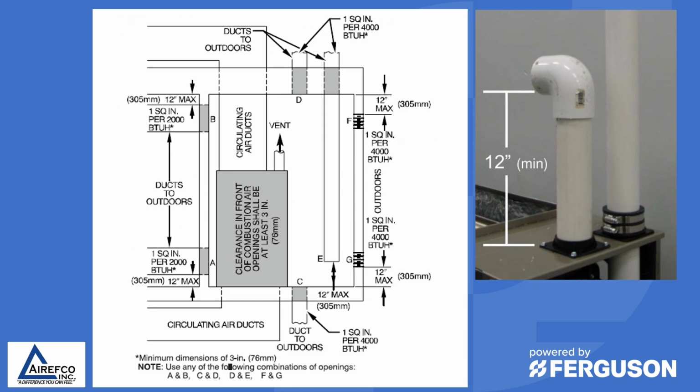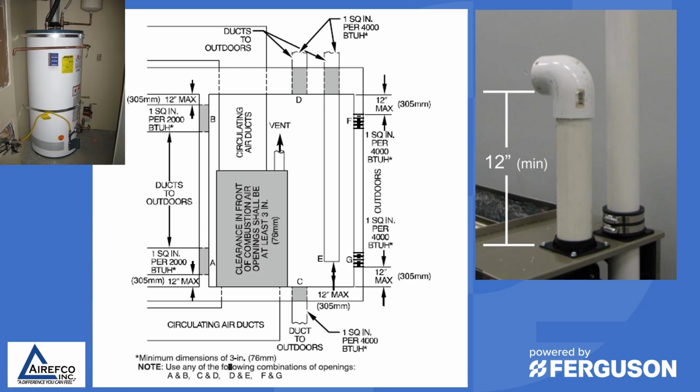A second consideration for pulling combustion air from the space is that you have sufficient air for combustion. In the installation guide, you will see diagrams like this that will tell you what minimum air is required to support the combustion of a certain gas furnace. You need to make sure that you have sufficient combustion air being supplied to the space so the furnace will continue to burn.